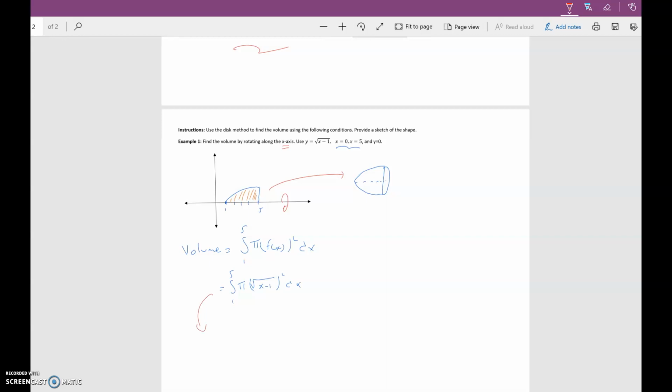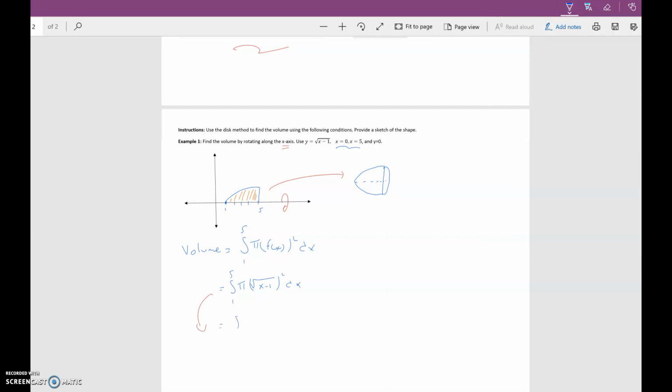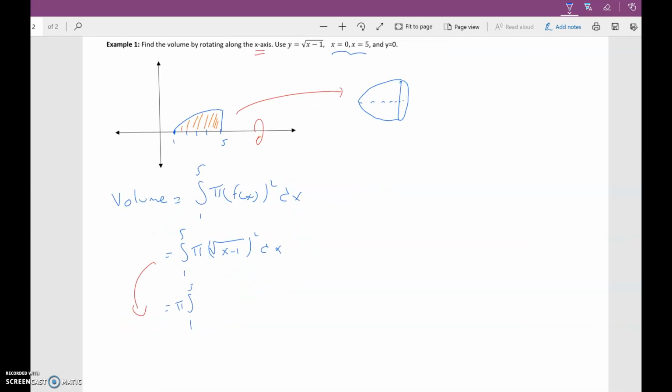In this case, we're simply going to say that this is equal to the integral from 1 to 5. I'm just going to put the pi on the outside. And then the square of the square root is just going to give us x minus 1, dx.